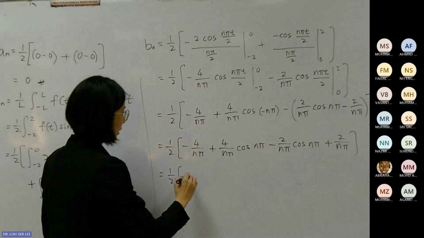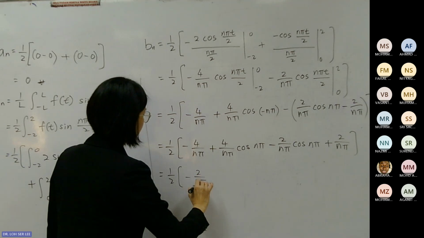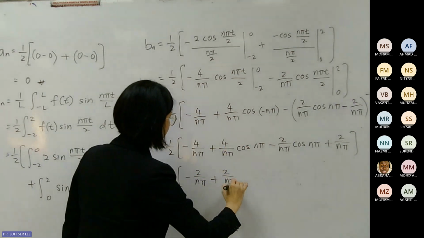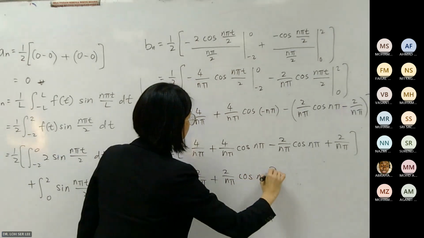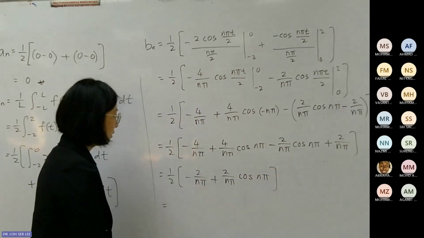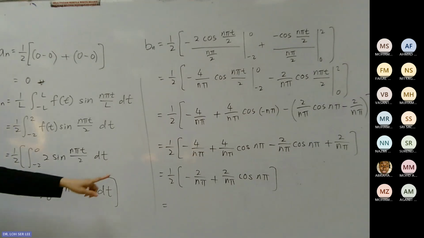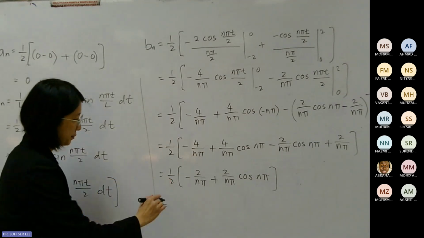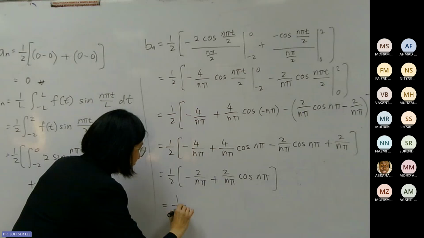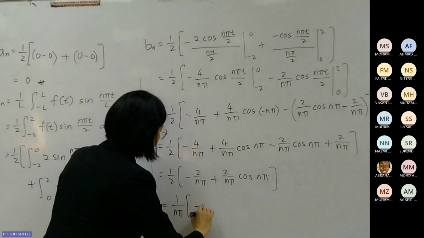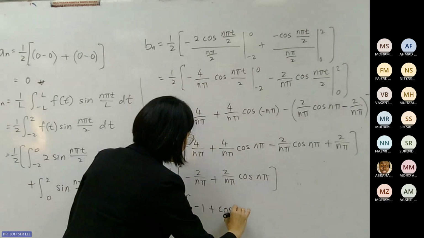Two minus 4 minus 2 over n pi. 4 minus 2, you have a plus 2 over n pi, cos n pi. Okay. Factorize the 2 over n pi. Okay, but we can cancel out the 2 with this 2. So you will have 1 over n pi. Okay, negative 1 plus cos n pi.